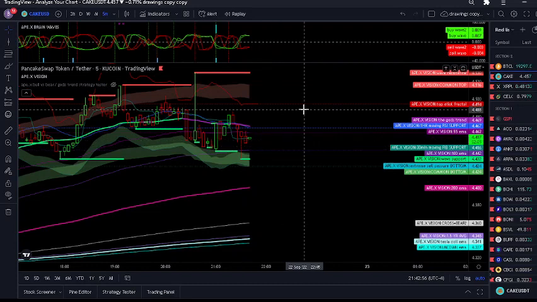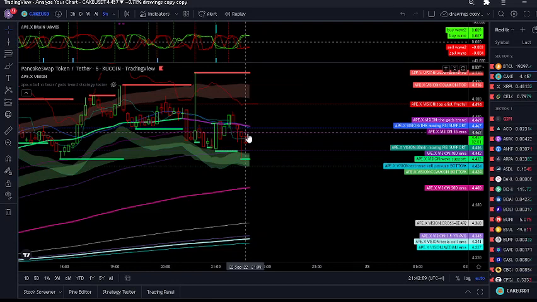But more than likely, we just find resistance within the 55, or I think that's the 55. Right, yeah, that's 55.